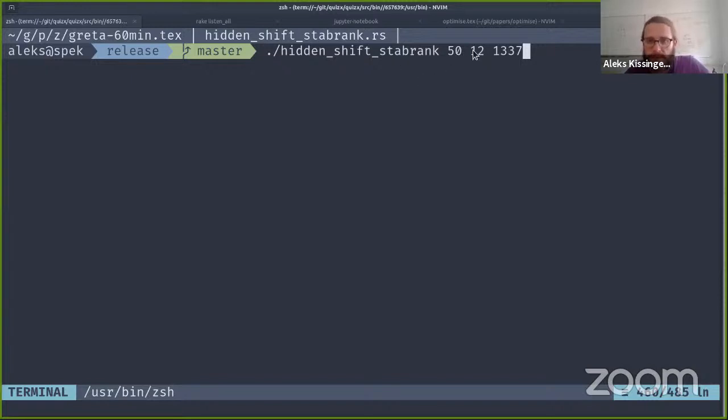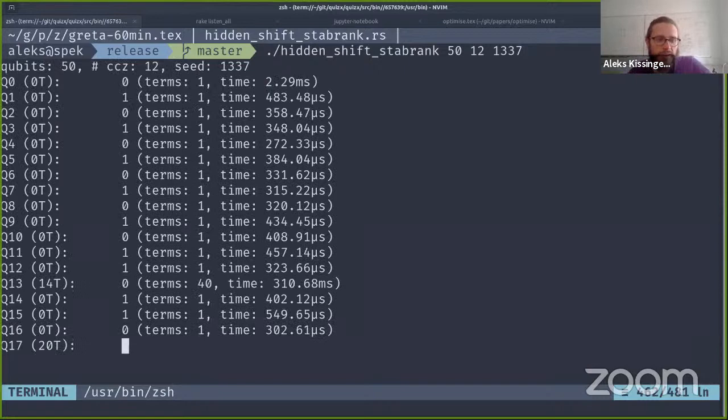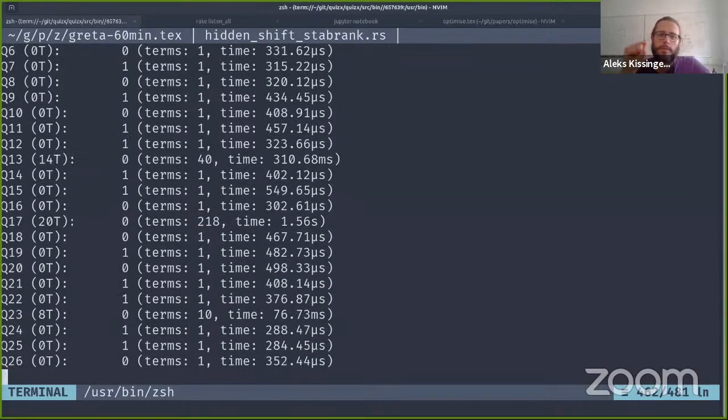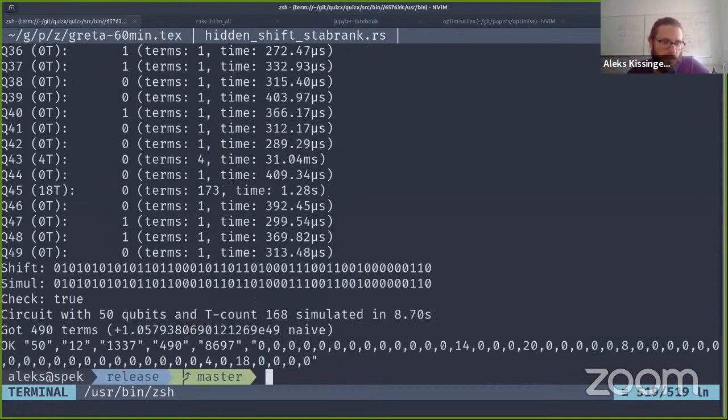Basically, this number controls how many T gates there are, which I'll show you at the end. And then this is just a random seed, so that I know this thing will finish in a reasonably short amount of time. So I'll just run that. Now it's simulating measurement outcomes for each of those qubits. And now it's done.